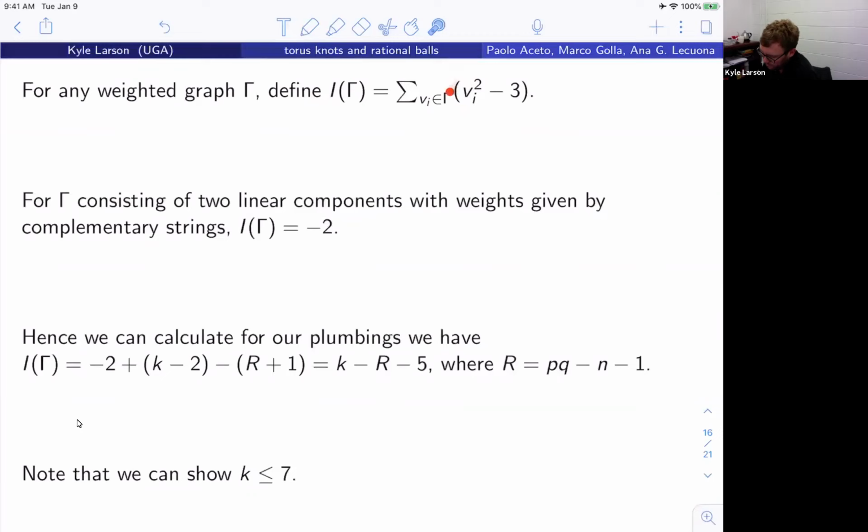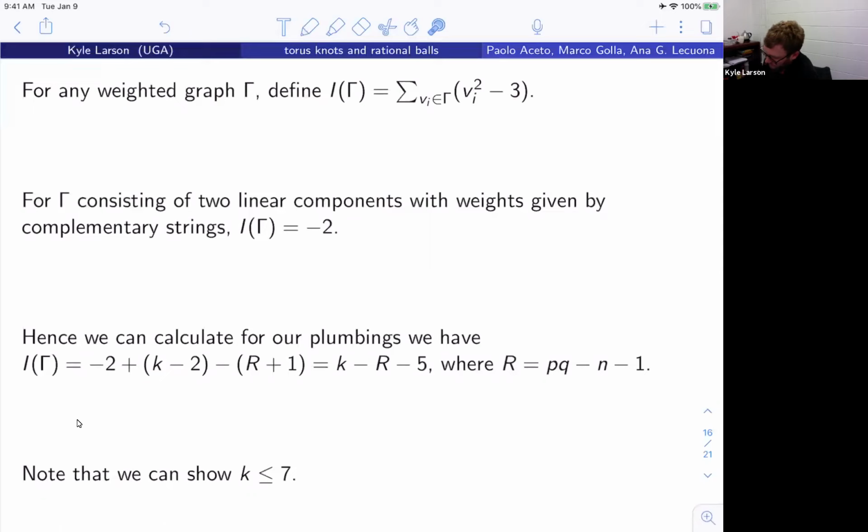That would contribute minus 1. So the more negative I is, the more 2s there are in our lattice, and we saw that these weight 2 vertices have restricted embedding. So the more negative this quantity is, the harder it should be to embed into the standard lattice of the same rank.